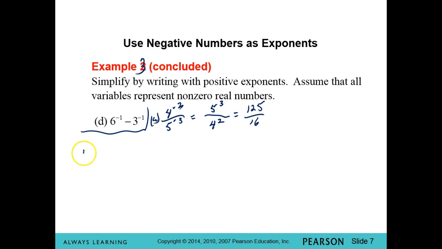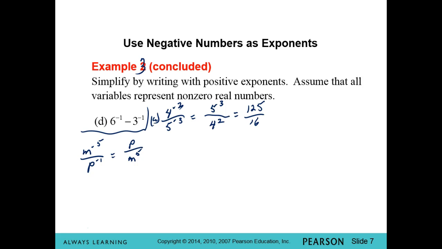B part here. M to the -5 over P to the -1. What would that be? P is on top. P over what? M to the 5th. Okay? That was the special security decal in the British Empire.